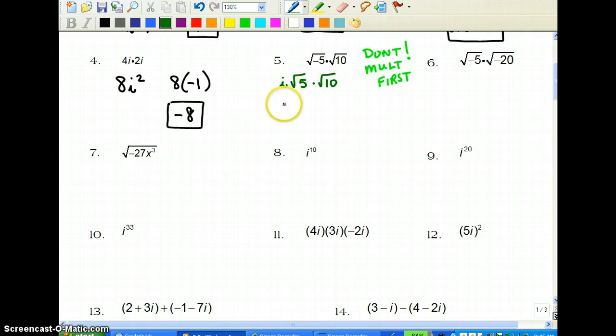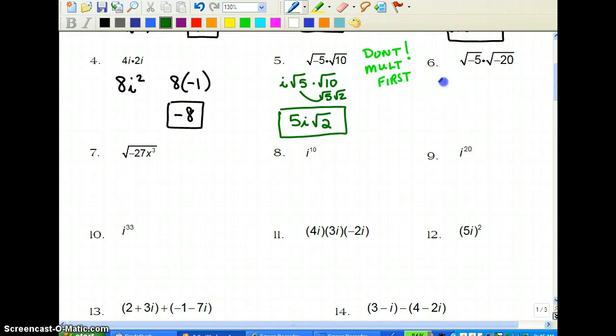Now you can multiply them if you want, or you could say, wait a second, that's root 5 root 2. So I know 5's can get out, so I have 5i root 2. So whichever way you like to break down your radicals, you can do that. But it's important you get the i out first. If you don't, you'll get number 6 wrong.